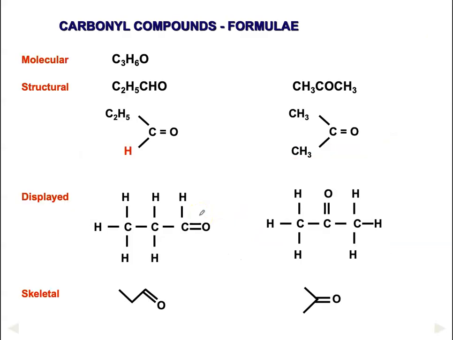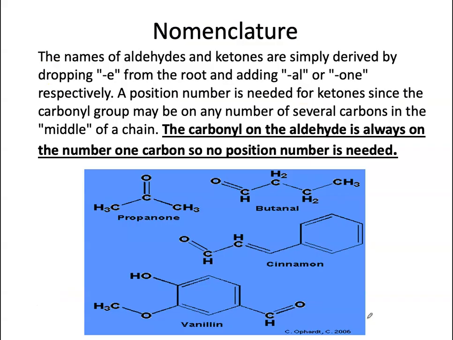So here is a comparison of the structural formula for an aldehyde and for a ketone. Both of these have the same Mr. This is the skeletal formula for an aldehyde, and you've got the skeletal formula for the ketone.